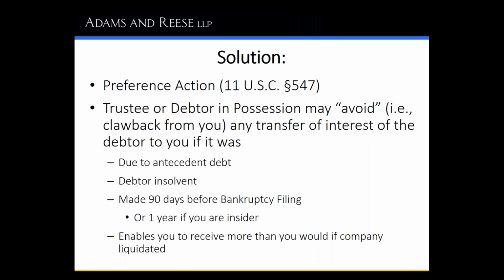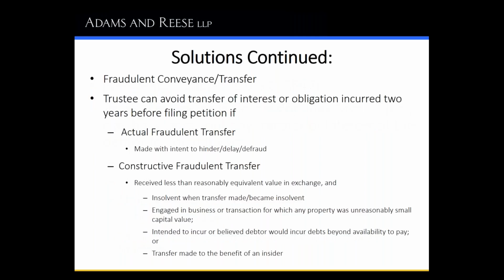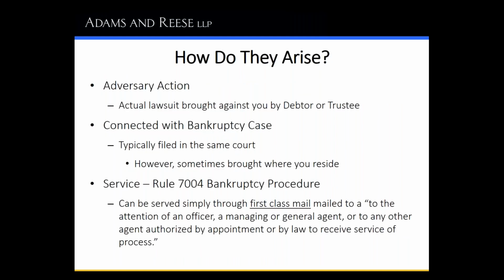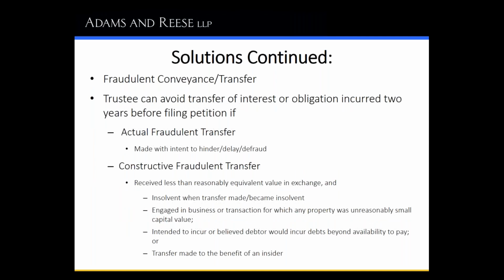The preference action is a lawsuit, and it's brought under the Bankruptcy Code. And if it's just a preference, then that makes it a little bit easier to deal with. However, let's go back. There's another related kind of avoidance action that I think is considerably more dangerous than a preference action, and that's referred to as a fraudulent conveyance.